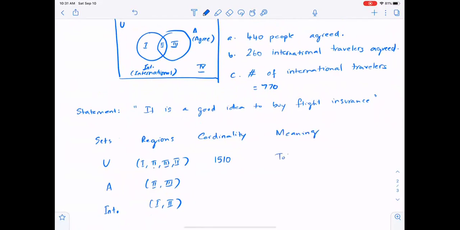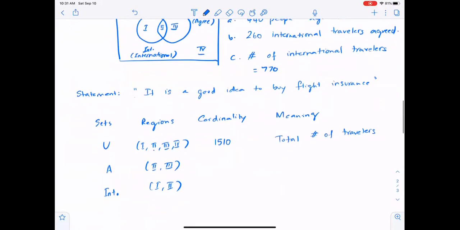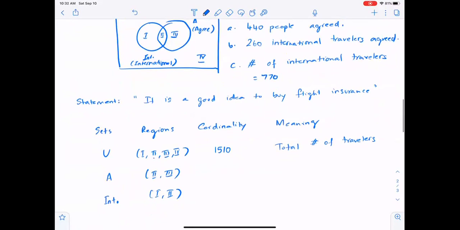The total number of travelers, which would include both domestic and international. The set A would correspond to travelers who agreed with the statement. Third, the number of international travelers.